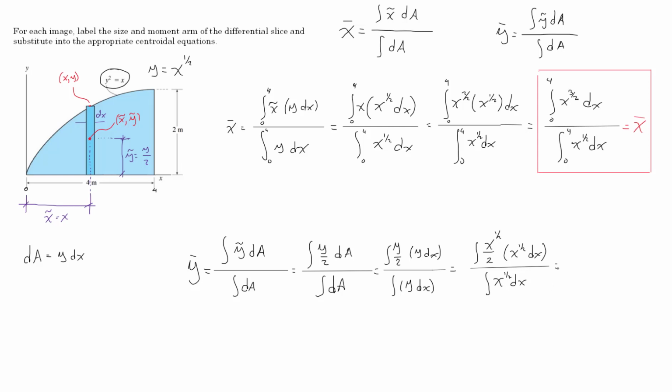So from here it's equal to 1/2 of the integral of x dx, over the integral of x to the 1/2 dx. Okay, what happened with the bounds?